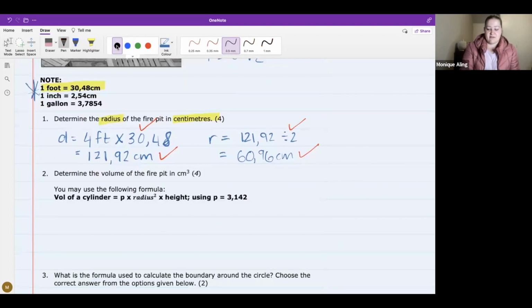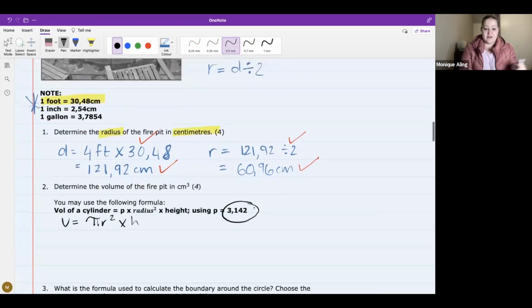I'm just going to rewrite the formula quickly. Volume is equal to pi r squared times height. And remember, we use 3,142 for pi. I'm just going to remind us here as well, height is 12 inches.